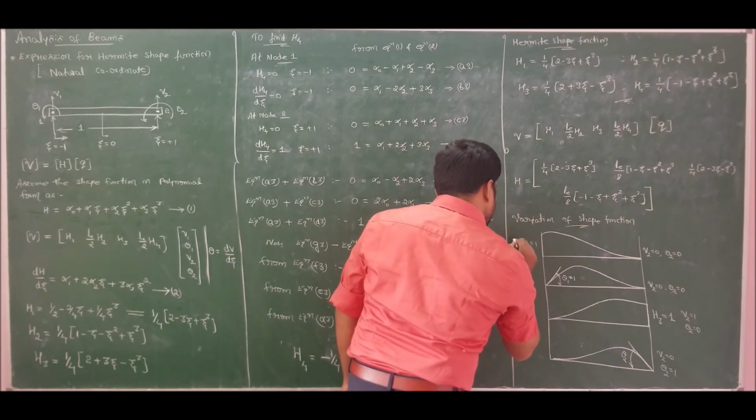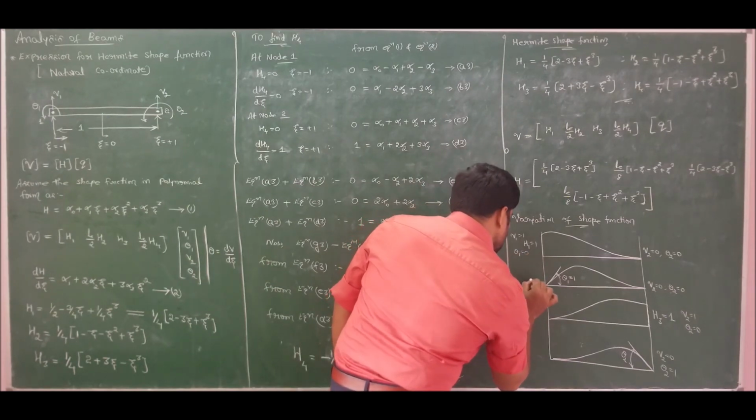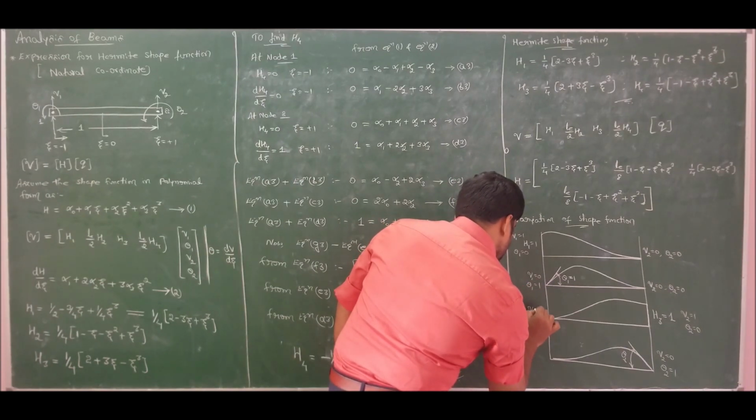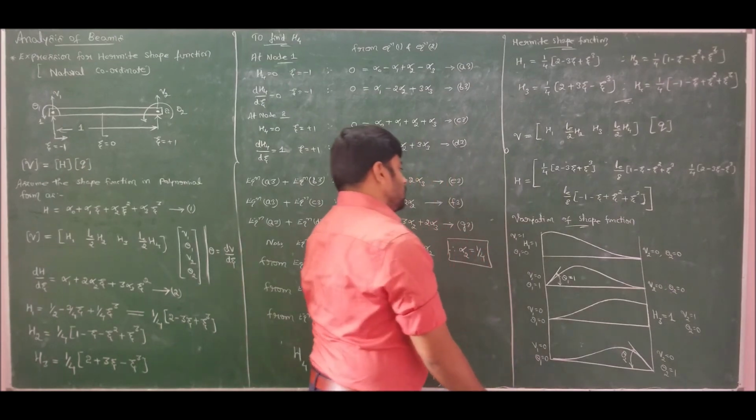So similarly, if I write here v1 is 1, theta 1 is 0. Here we have v1 is 0, theta 1 is 1. Here v1 is 0, theta 1 is 0. Here also v1 is 0, theta 1 is 0.